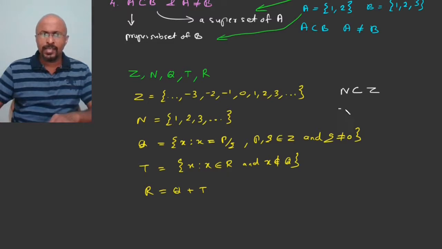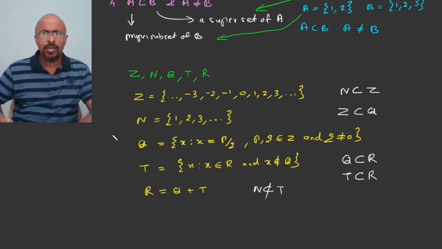So, it is very easy to write Z is a subset of Q. And from this relation, Q is a subset of R, T is a subset of R. Now look at, is N a subset of T? No, because if it is a natural number, surely it will come in the rational numbers. So, elements in natural numbers are not there in irrational numbers. So, N is not a subset of T. In this way, you can make relations in terms of subsets for common sets.